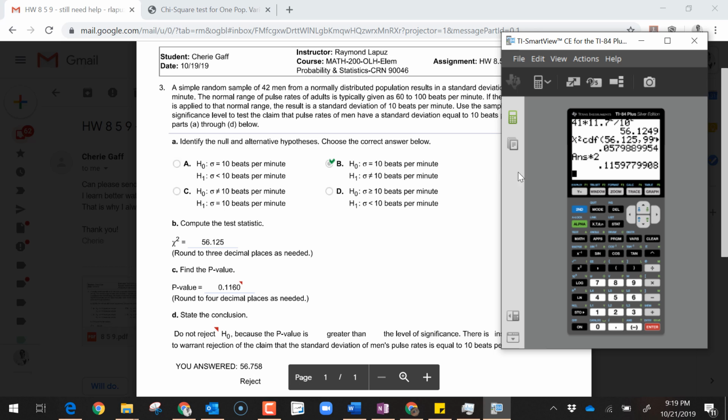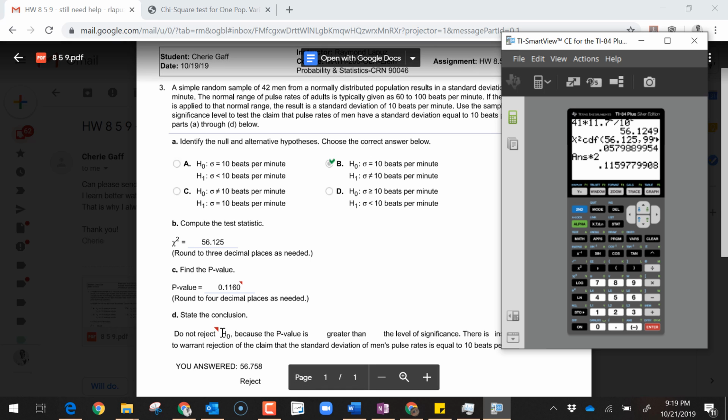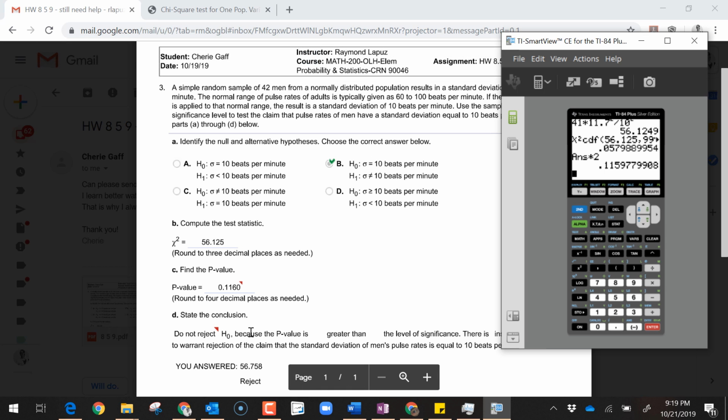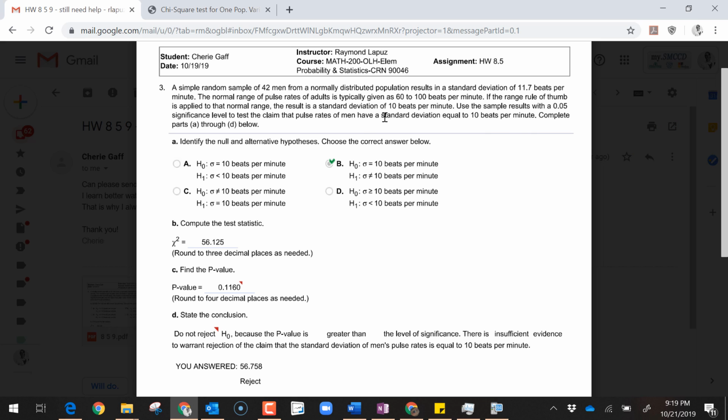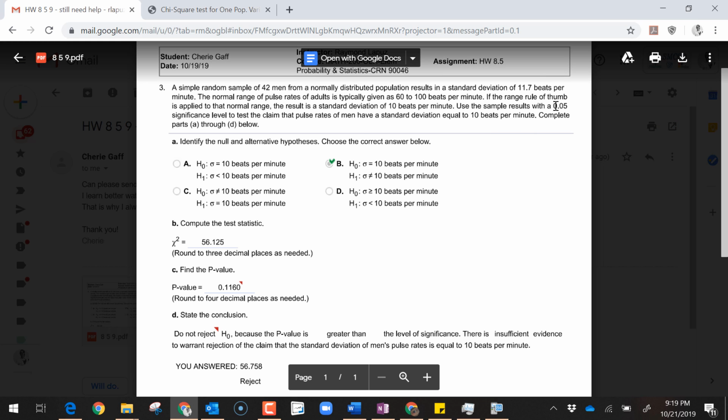All right, so this is a big p-value. We're going to fail to reject the null hypothesis because the p-value is greater than the significance level, and the significance level we're looking at here is 0.05.